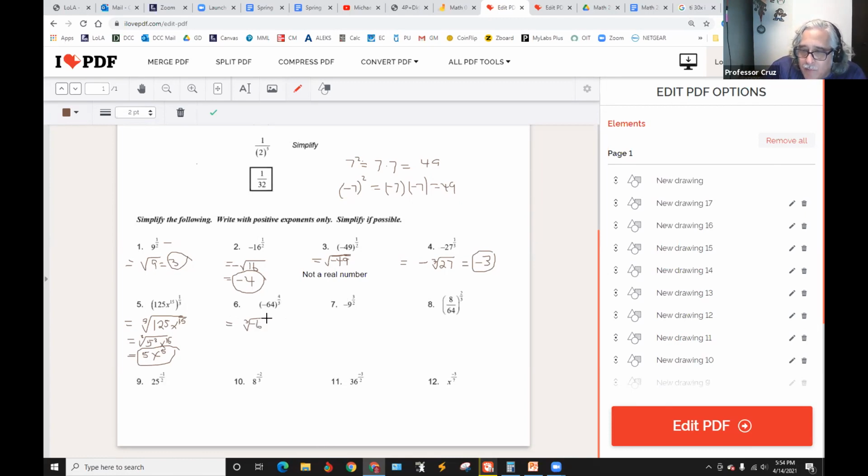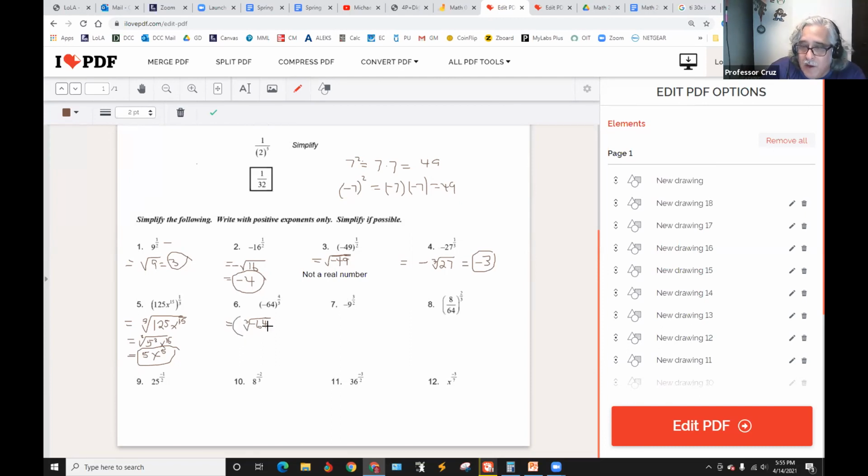Now, this is a bit different than this one because it's an odd root. You got 3 times you're going to multiply the same number, and there are 3 negative signs, so it's possible to have that negative inside for an odd root like this, for third root.